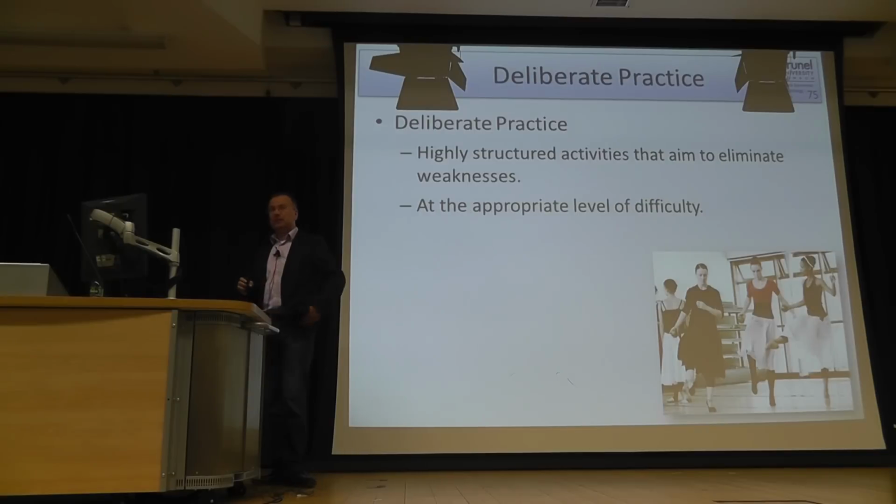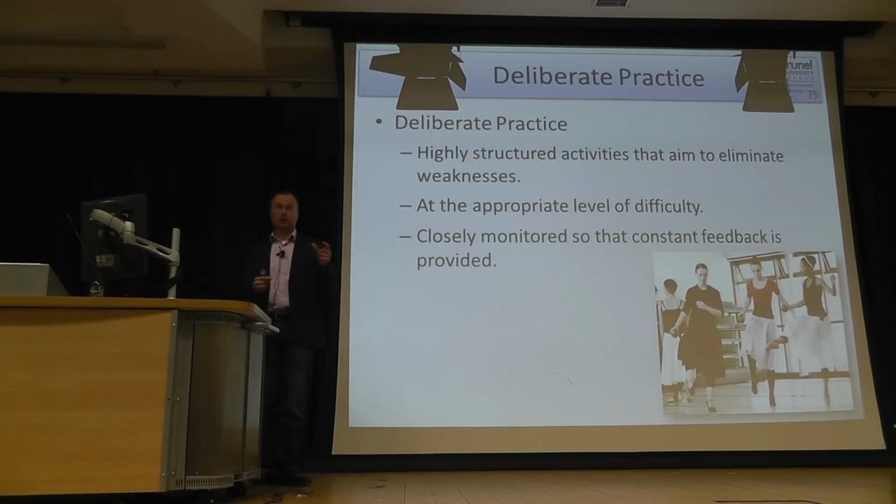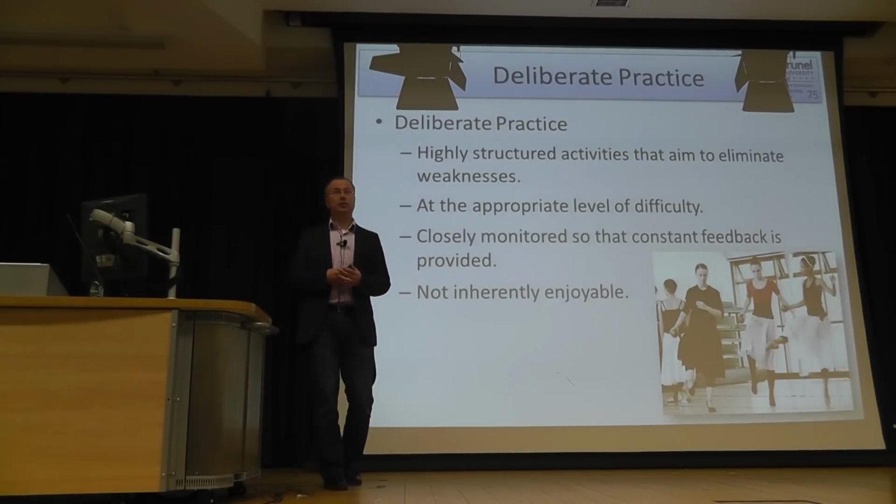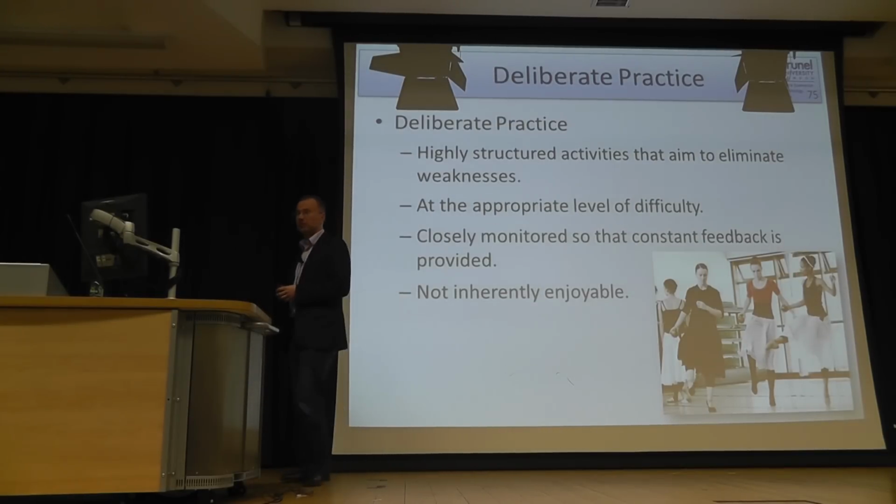So it needs to be at the appropriate level of difficulty, so that you practice really at your level. It is closely monitored by your trainer, so you get constant feedback. And usually, because of this strict regime, it's not very enjoyable to most people.